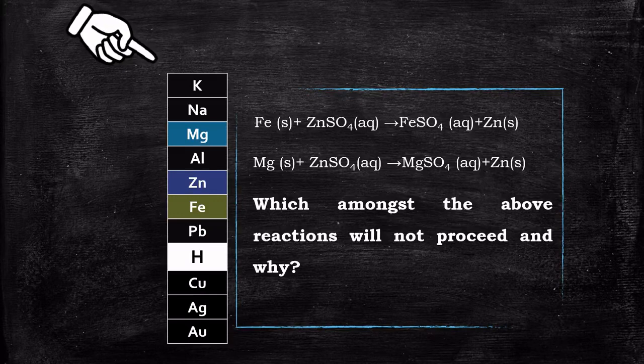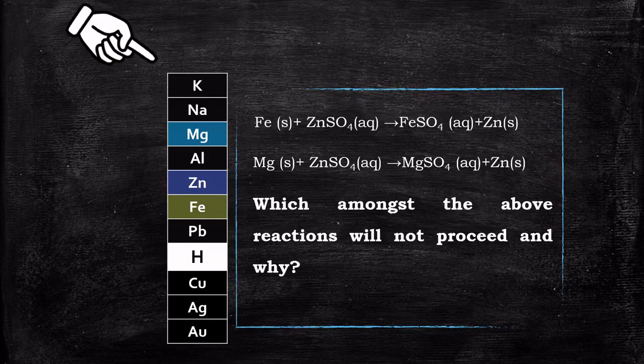Looking at the first reaction, we have two metals, iron and zinc. Iron is below zinc, meaning that iron cannot replace zinc. Why? Because zinc is more reactive and iron is less reactive.